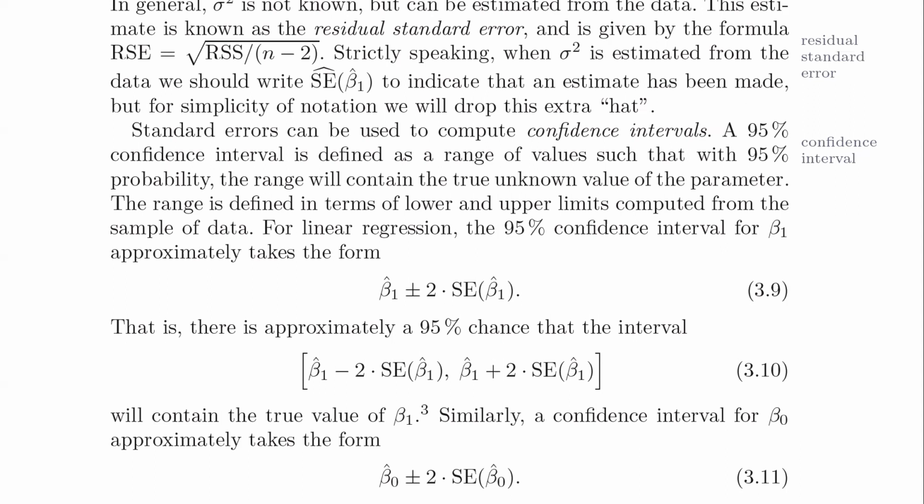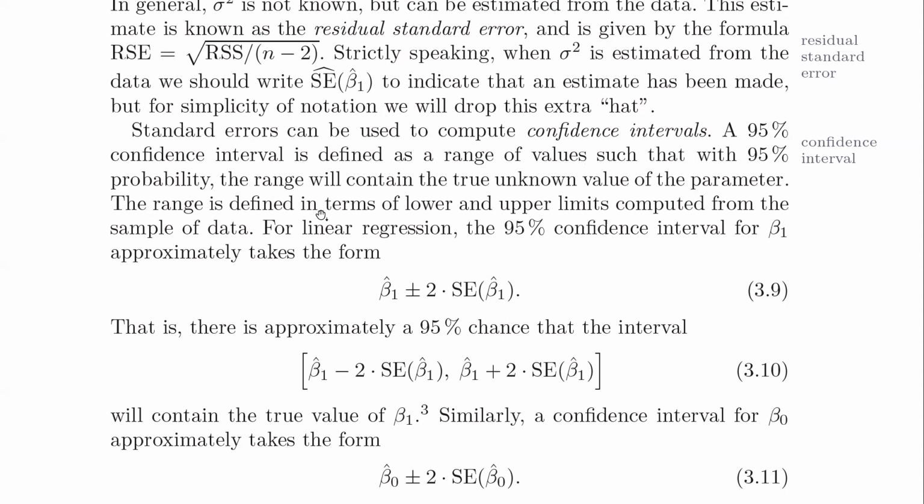So reading, a 95% confidence interval is defined as, we're definitely not going to use this word, right? As an interval of values such that with 95% probability, the interval will contain the true unknown value of the parameter.